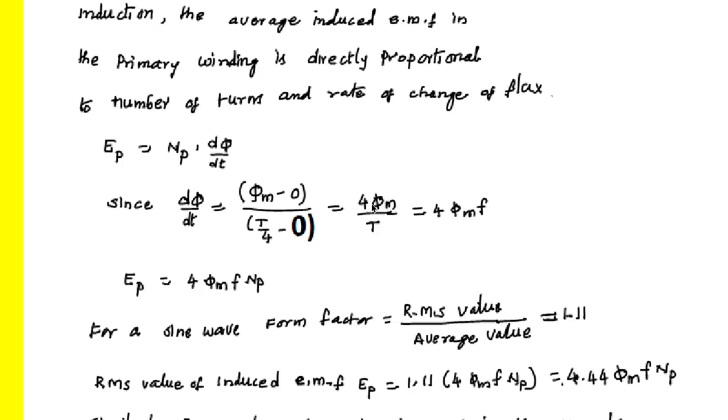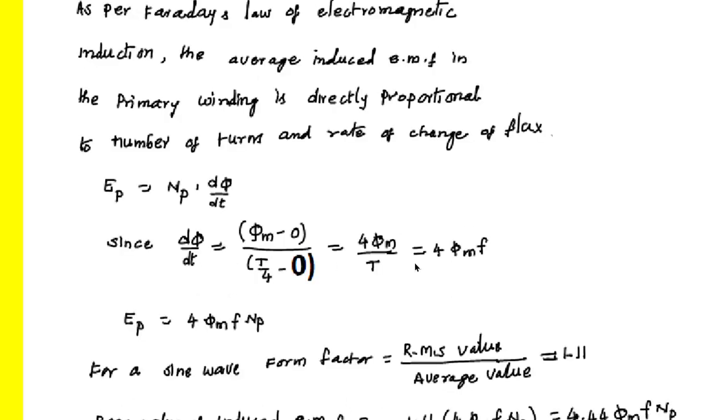So we can write this as phi m divided by T by 4. So this 4 goes to the numerator, and we get 4 into phi m divided by T. And we know 1 by T, that is 1 by the time period of the waveform, is nothing but frequency. So we replace this 1 by T with the frequency of the supply, that is 4 into phi m into F.